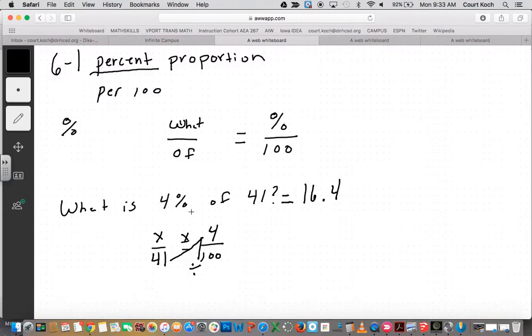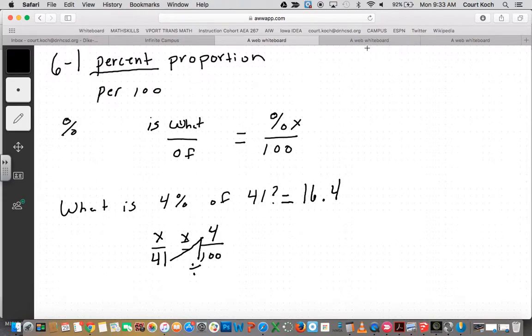What percent? Well, if that's the case, what percent would go here, and then you have your out of and your is. So sometimes is can go up here, and sometimes your x can be over here.